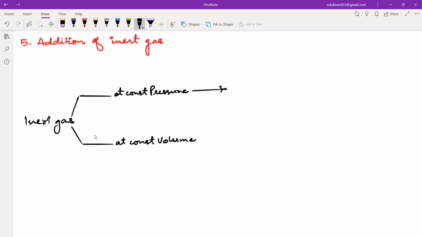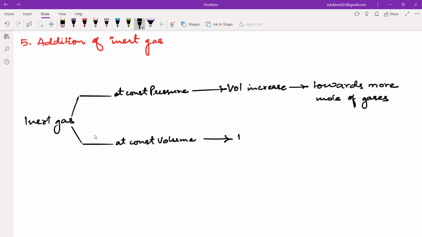At constant pressure, if I add it, then the volume increases and the equilibrium shifts towards more moles of gases. At constant volume, there will be no effect.